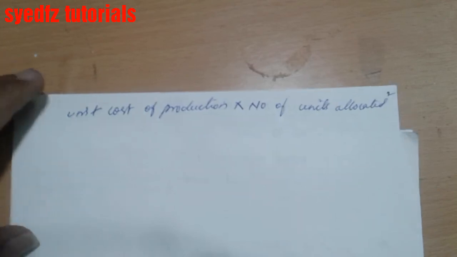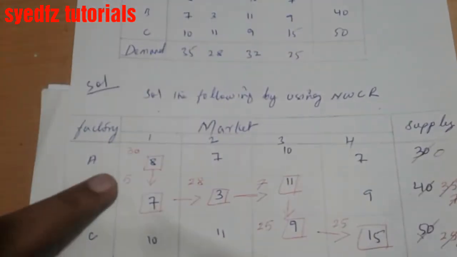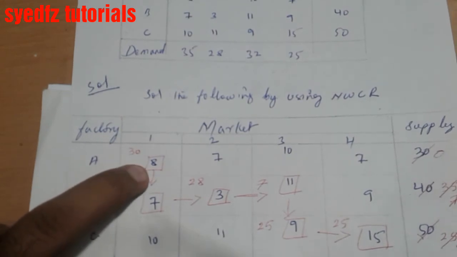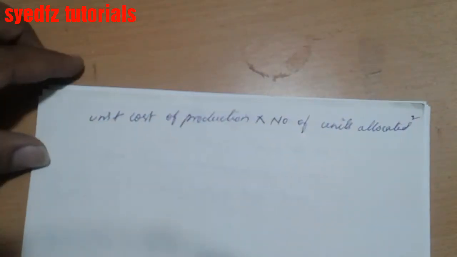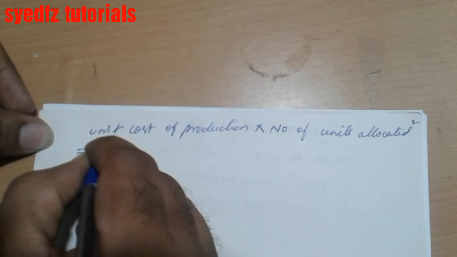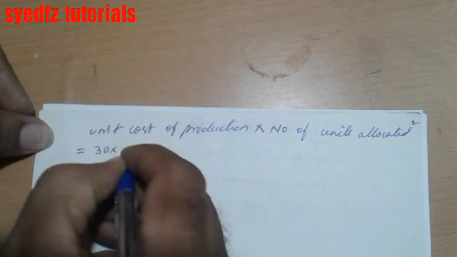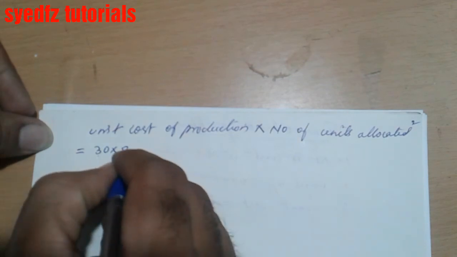Which means here, 30 into 8 and 5 into 7, like this. This is the unit cost and this is the allocation.